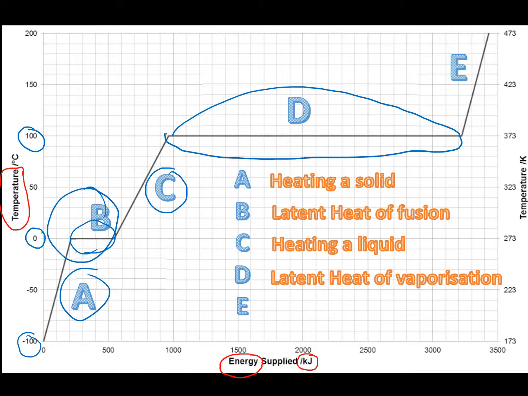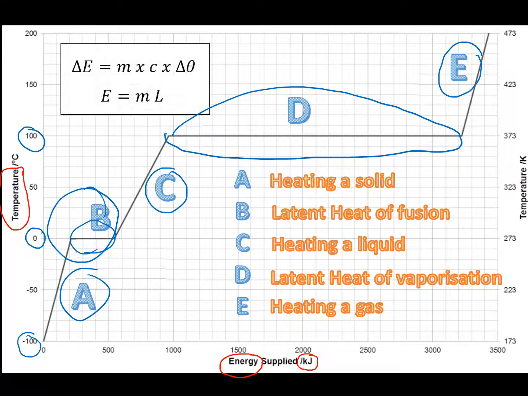But in order to break these bonds or increase the distance between the particles, between C and D, turning it into a gas, takes an awful lot of energy because you're increasing the kinetic energy of the particles of water, and you're breaking the bonds essentially. And then after that, we're up to E and heating up a gas.